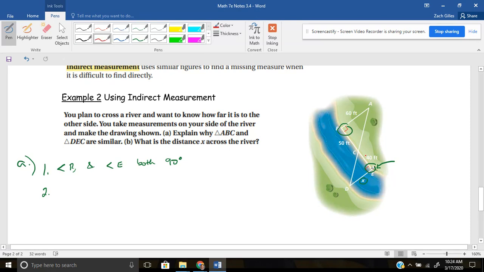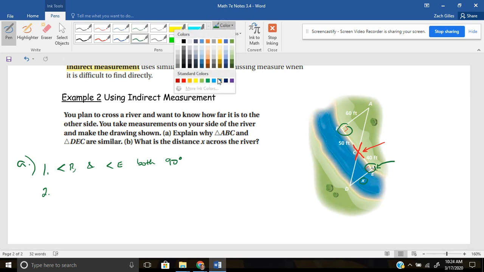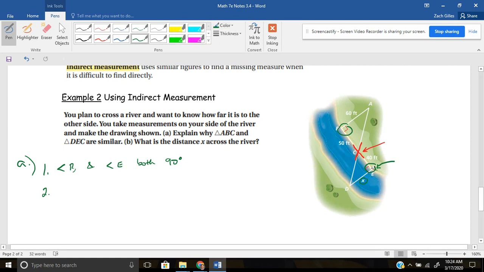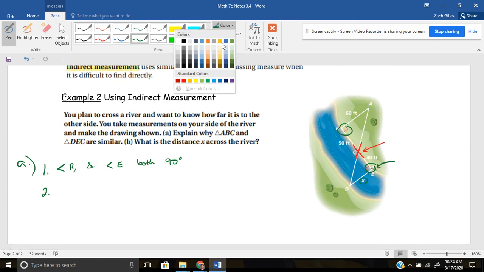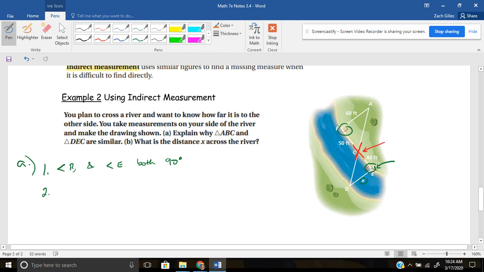If you look at this diagram, angle C on both of these triangles are vertical angles. This one in the red, and this orange one right here. These two angles are vertical to each other, and we know that vertical angles are congruent.